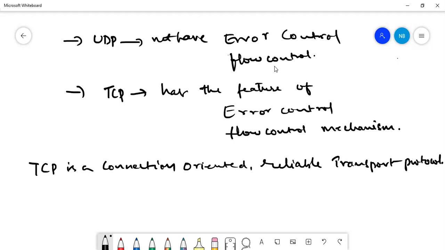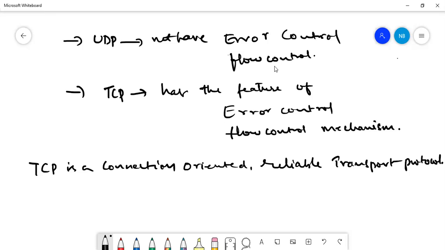So this is about TCP. I'm repeating the points once again, you just go through this. TCP is a connection-oriented protocol, it is the second protocol, and it performs process-to-process communication like UDP. TCP uses port numbers as we see in UDP. Port numbers are assigned to the particular process where it is available.